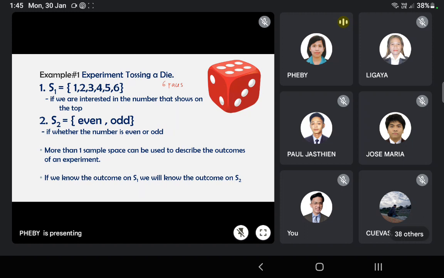Kung 2 or 4 or 6 naman, even naman siya. Kung 1, 3, and 5, odd. So, 6 faces and odd or even. So, those are the sample spaces na pwedeng sa experiment tossing a die.